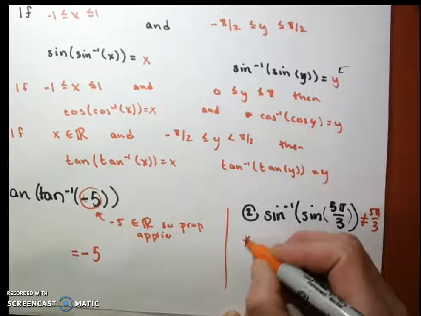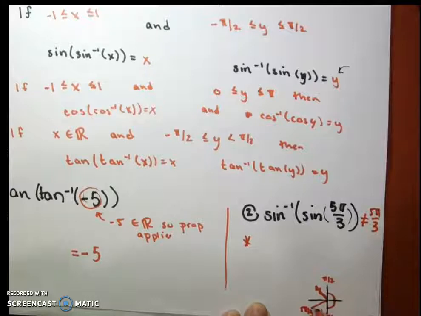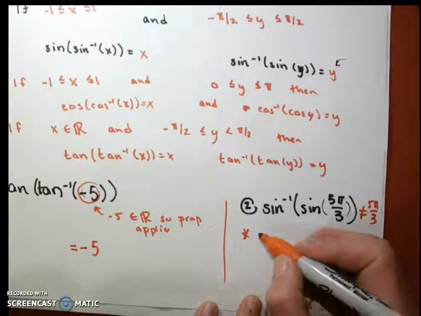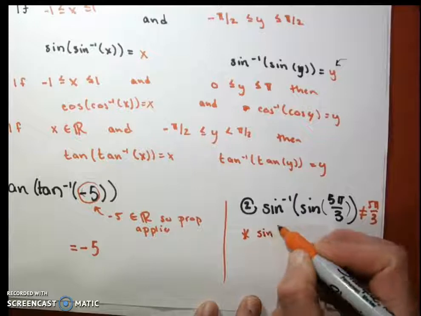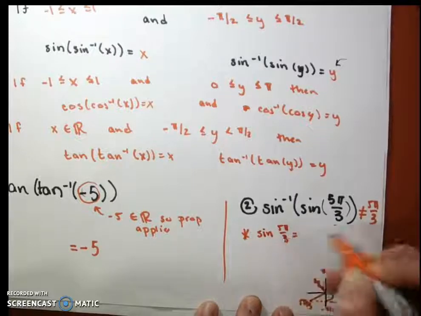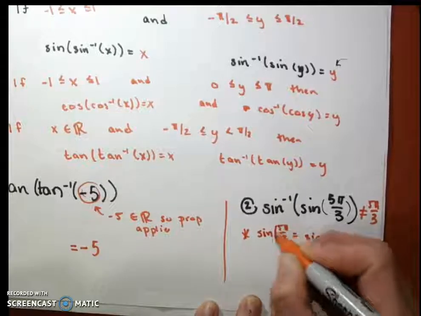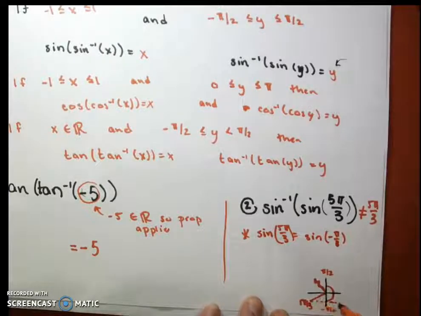However, 5pi/3 has the same sine value as a reference angle in quadrant 4. Which one? Well, sine of 5pi/3 equals sine of -pi/3, because if we kept going around the circle into the fourth quadrant, when we got to -pi/3, we'd have the same y value.